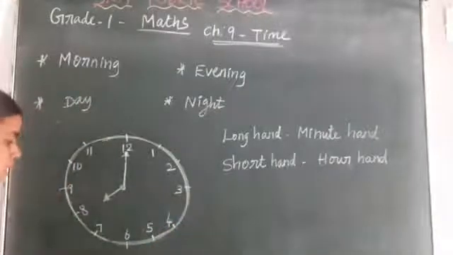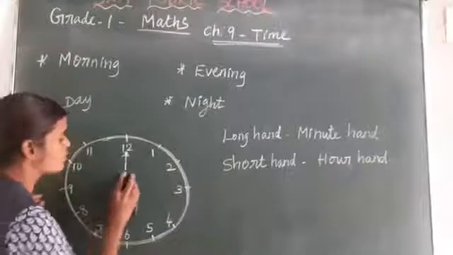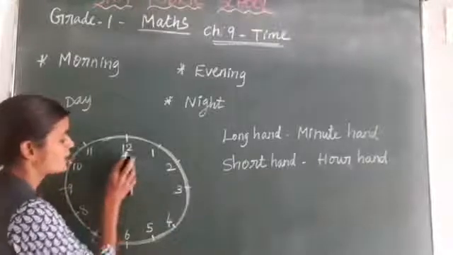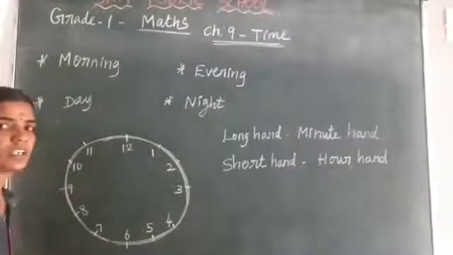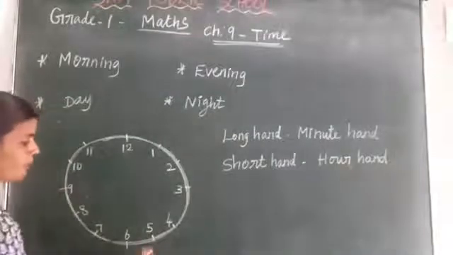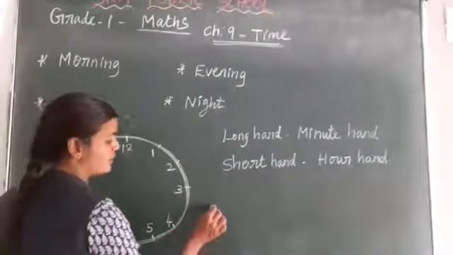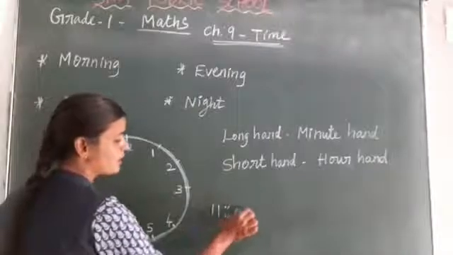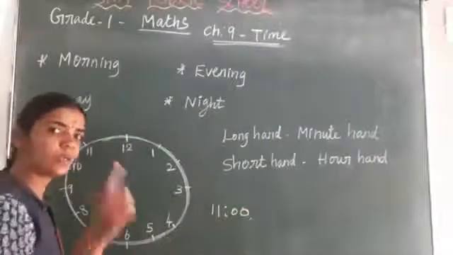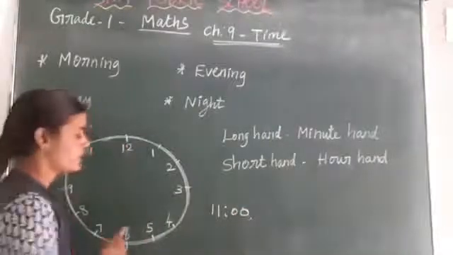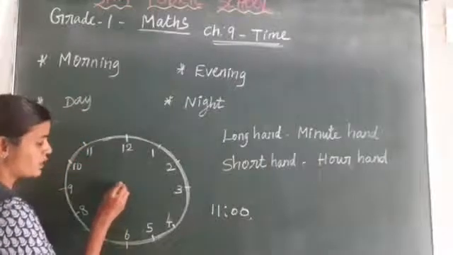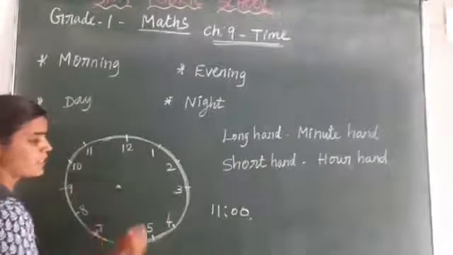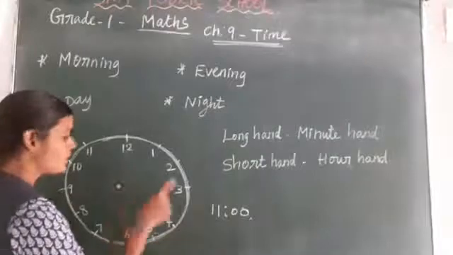Suppose they ask you to draw the hands of the clock. Now tell me, I am giving the time 11 o'clock. You want to draw the hands inside the clock. First keep the dot in the center. 11 o'clock means 11.